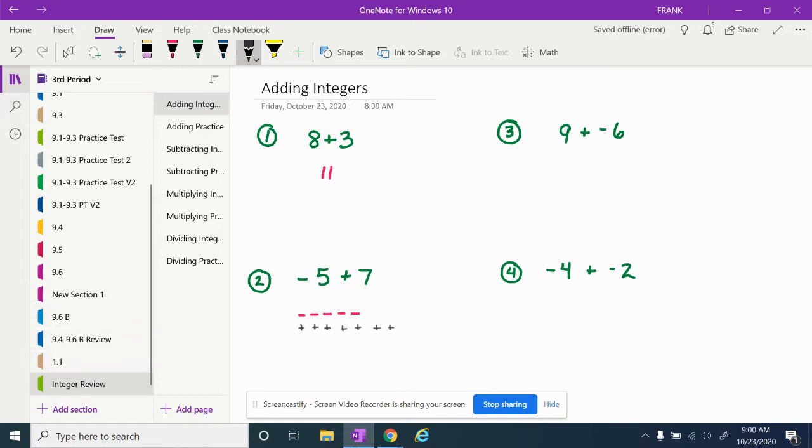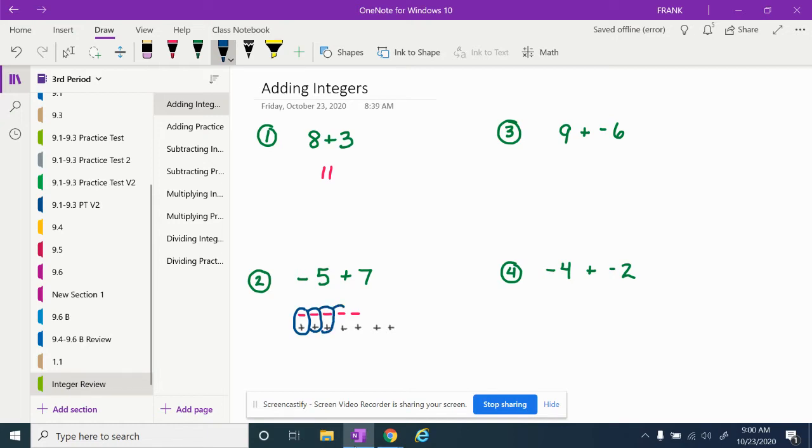So what you notice is you have a bunch of reds, you have a bunch of blacks. The first thing you should notice is you have more blacks than reds, so your answer is going to be positive. But every time you have a positive with a negative, those are going to cancel each other out because they're opposites. So let's use blue. So this negative cancels out this positive, and this negative cancels out this positive, and this negative cancels out this positive.